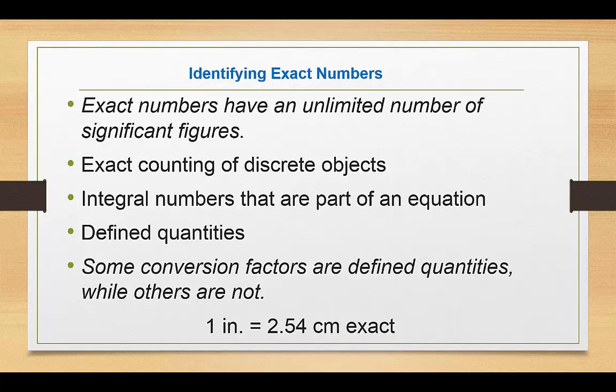Conversion factors are sometimes defined quantities, not always. So for example, if we wanted to convert inches into centimeters, 1 inch is equal to 2.54 centimeters. That is exact. 2.540000. I can put as many zeros as I want after the 4. It won't matter. That's an exact number.